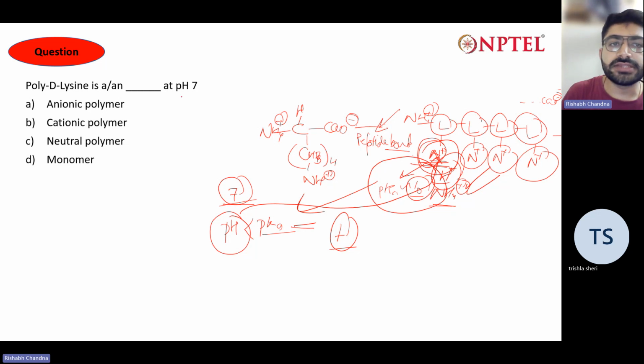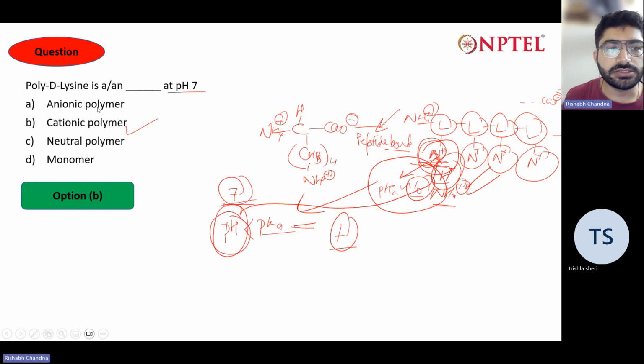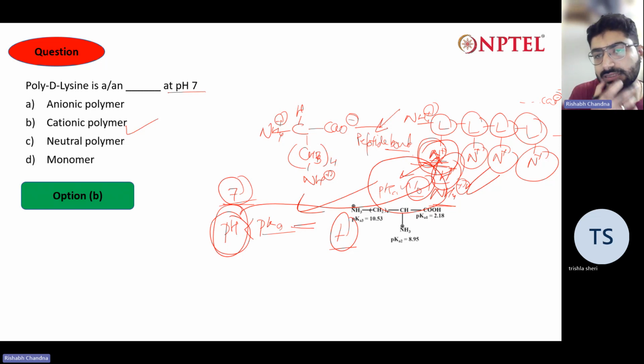At pH 7, it will be a cationic polymer because it is a positively charged molecule at pH 7. So the correct answer is option D. And here is the explanation that I was explaining just now.